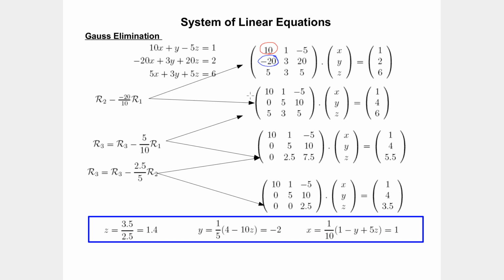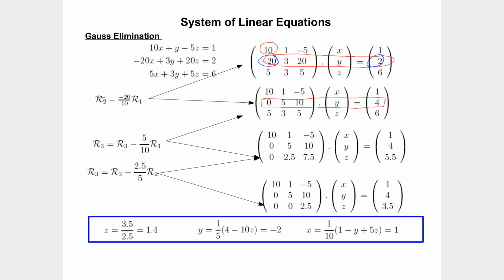When you subtract, this element becomes 0, and this operation has to be performed over the entire row as well as the B matrix. That's what we are doing here, and we got this change in the matrix equation. This makes the first element 0, and then we proceed to the next one.